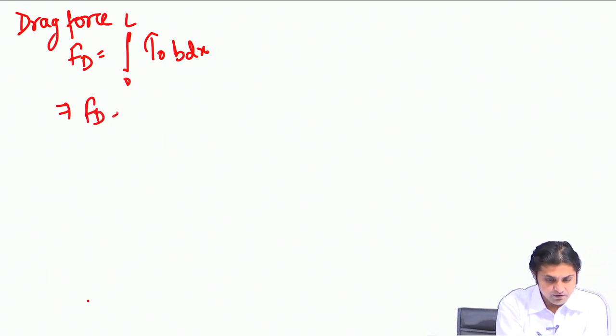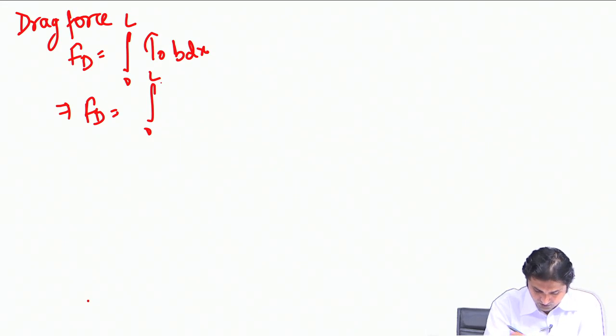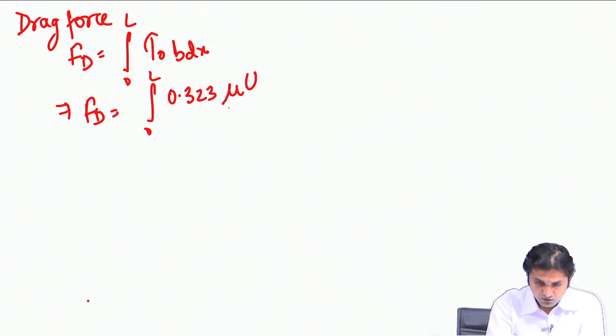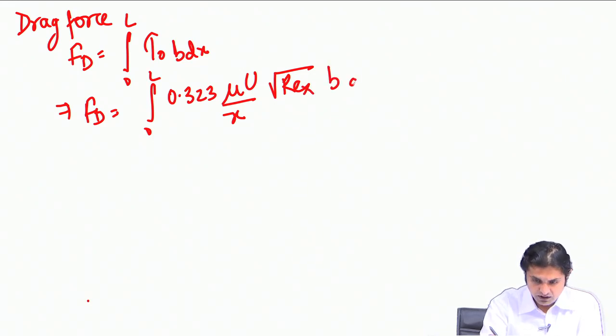This implies Fd is equal to integral 0 to L 0.323 mu U by x under root Rex b dx.